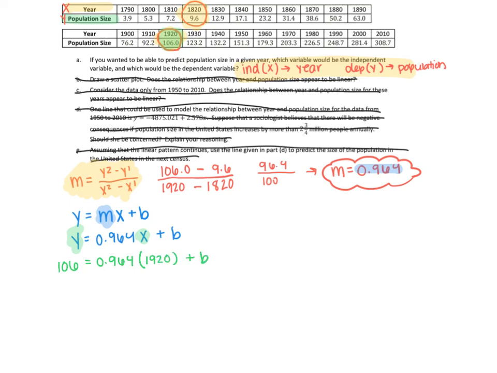And what I want you to do now on your own is isolate this variable and solve for b. Tell me what b equals. I'll give you a moment or so to do that. It's not much math here. The first thing you should have done is multiply these two numbers together, and you would have got 1,850.88.